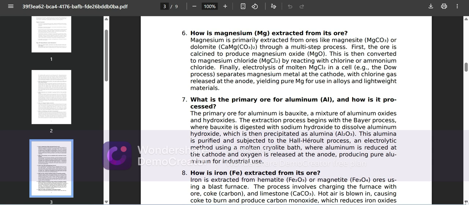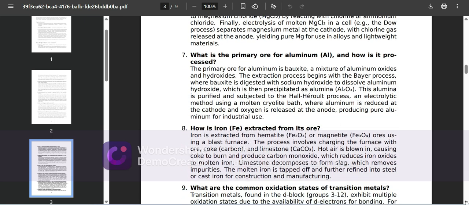This is then converted to magnesium chloride, MgCl2, by reacting with chlorine or ammonium chloride. Finally, electrolysis of molten MgCl2 is carried out in a cell. Example: the Dow process separates magnesium metal at the cathode, with chlorine gas released at the anode, yielding pure magnesium for use in alloys and lightweight materials.